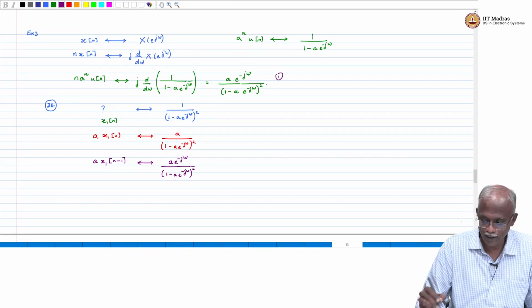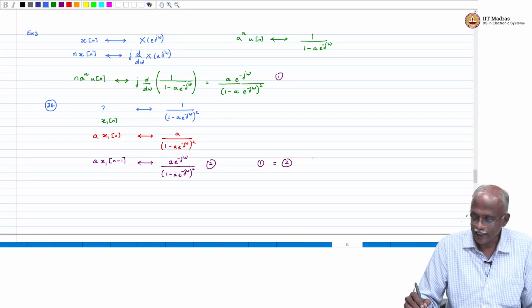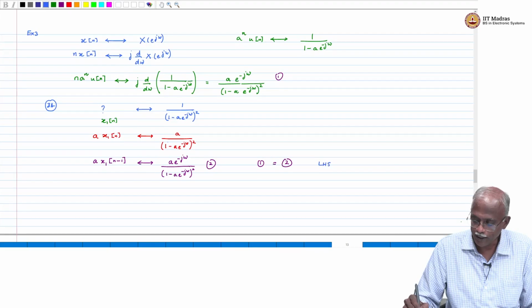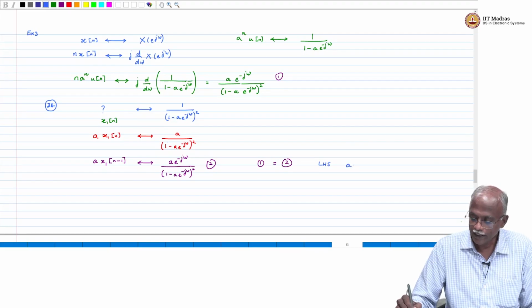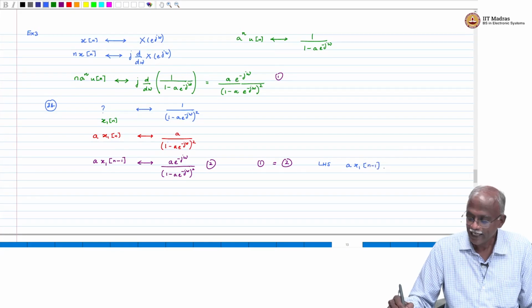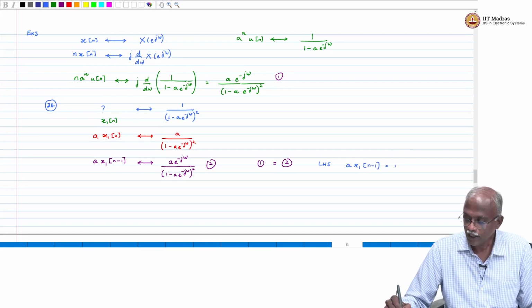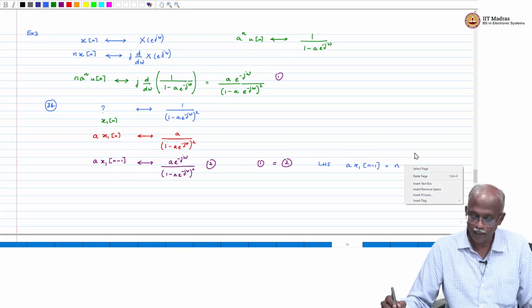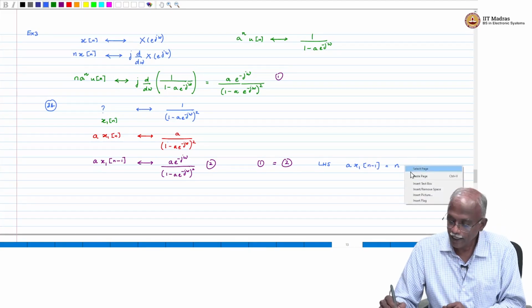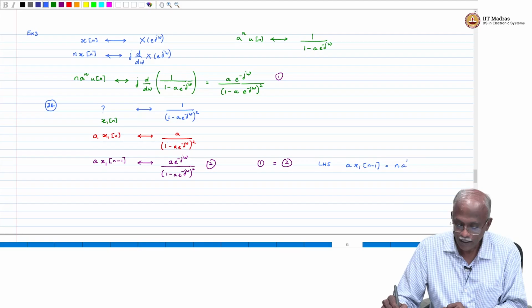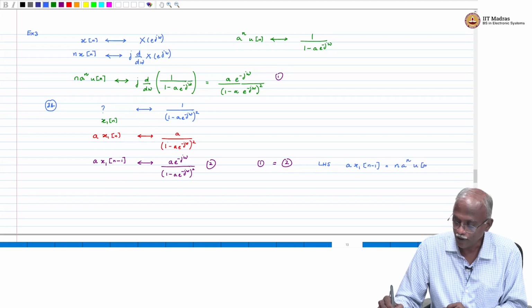If you compare 1 and 2, 1 equals 2. So the left hand sides are equal: a times x1 of n minus 1 is equal to n times a power n u of n.